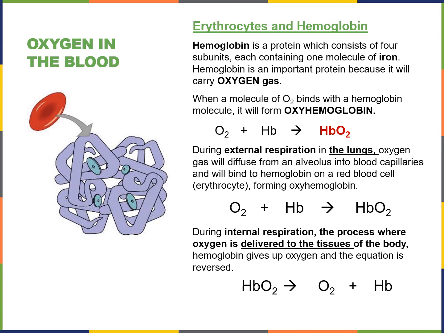And so we want to look at two very important processes that occur in terms of the physiology of the respiratory system. We have gone through the fact that we need to take in oxygen, and oxygen is used for the combustion of glucose.